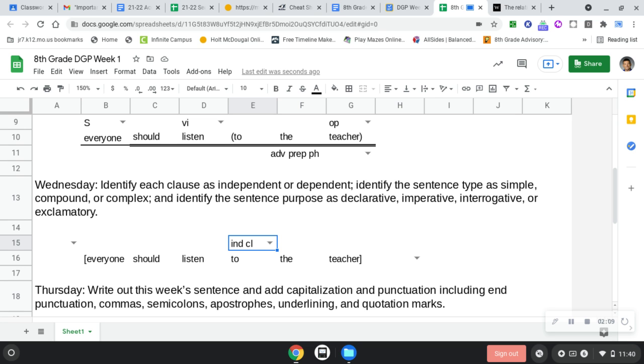Think of independence this way. Let me give you an example. How many of you can wake up to your own alarm and get ready for school without anyone having to tell you what to do or wake you up? I could do it. Well, I'm gonna go half, because I don't have an alarm. I just wake up. And you always wake up on time for school? Yeah, I usually wake up at 6:15.